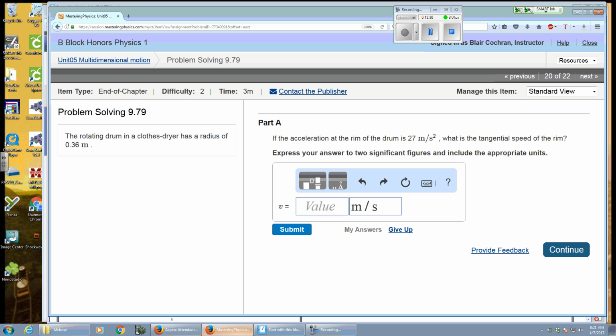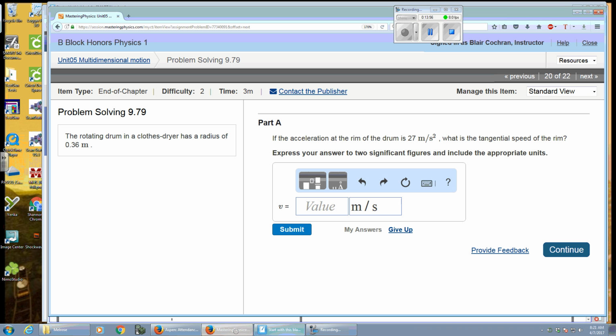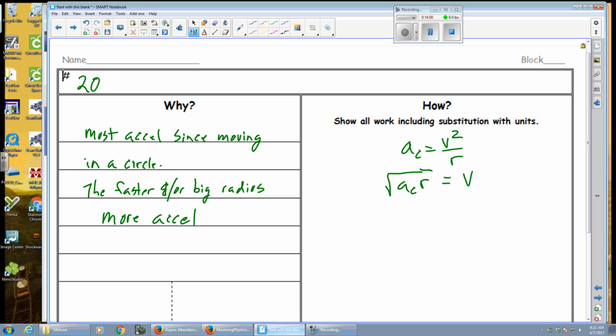Remember that perpendicular accelerations change direction, parallel accelerations change speed. So I pull out my equation sheet, which tells me that centripetal acceleration is v squared over r, and they want v, so v equals the square root of a times r. You're given a, you're given r, you're asked for v.